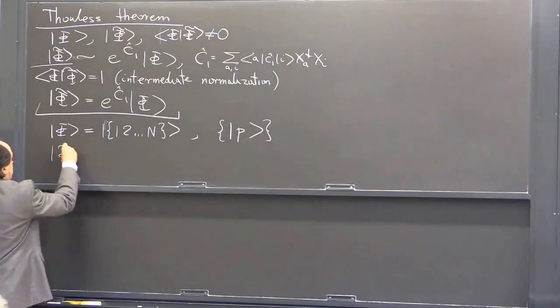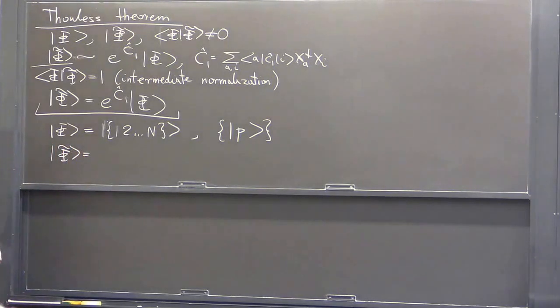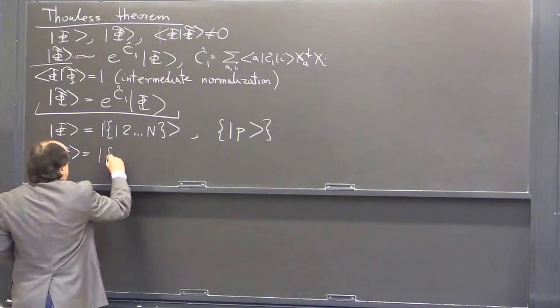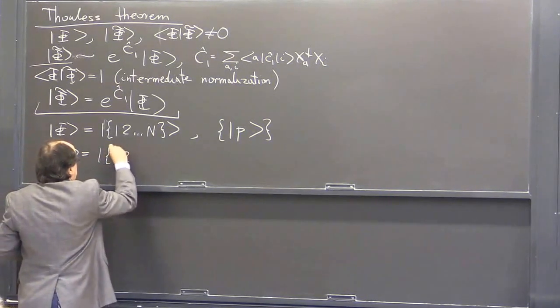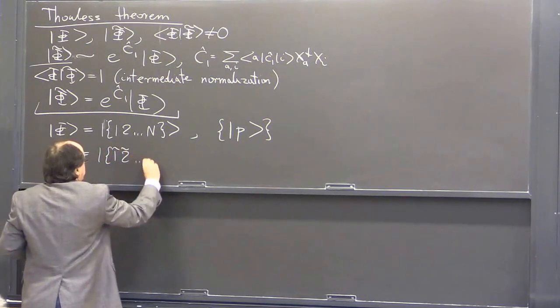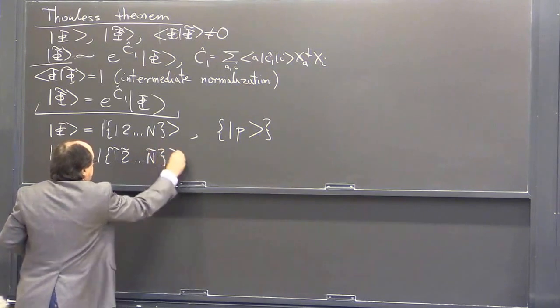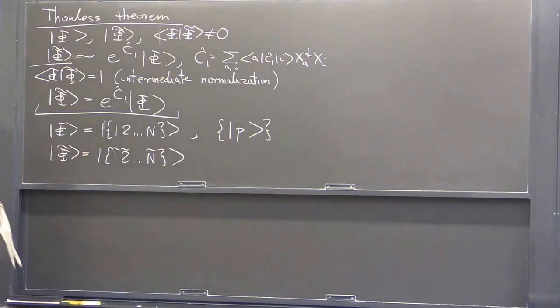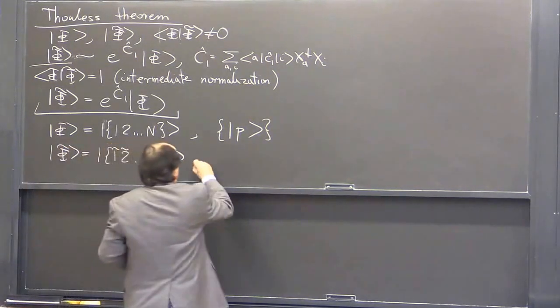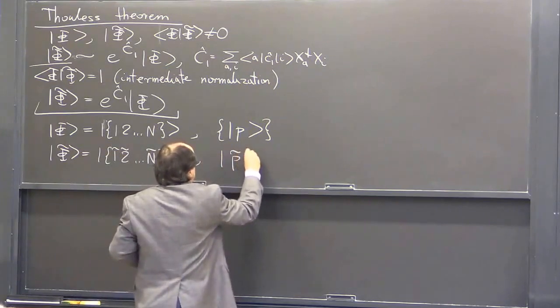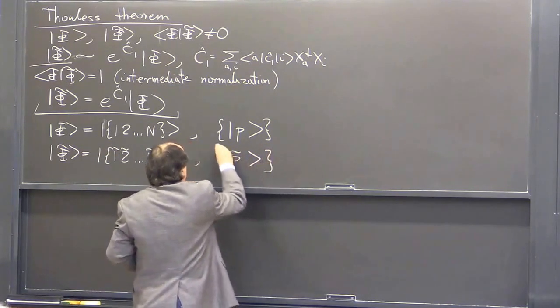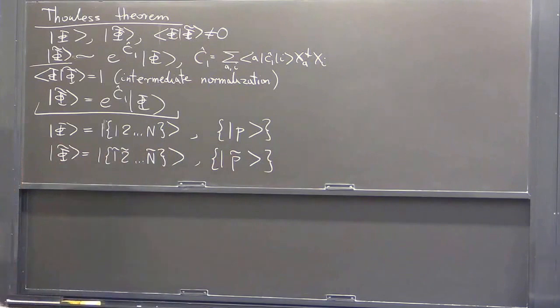Similarly, phi tilde will be a determinant which is spanned by, or produced by, n spin orbitals from a basis set which I will call p tilde. I already talked about it last time, but let me remind you why I have to do it the way I'm doing it now.